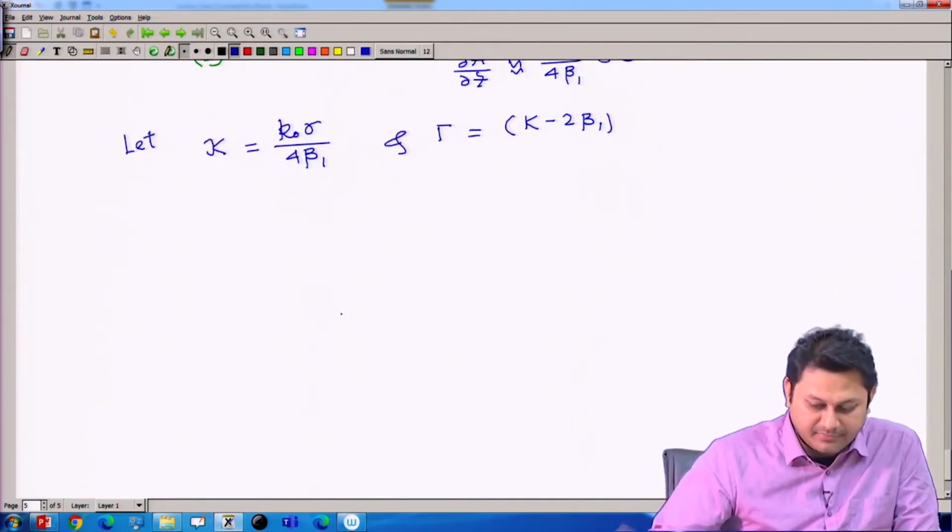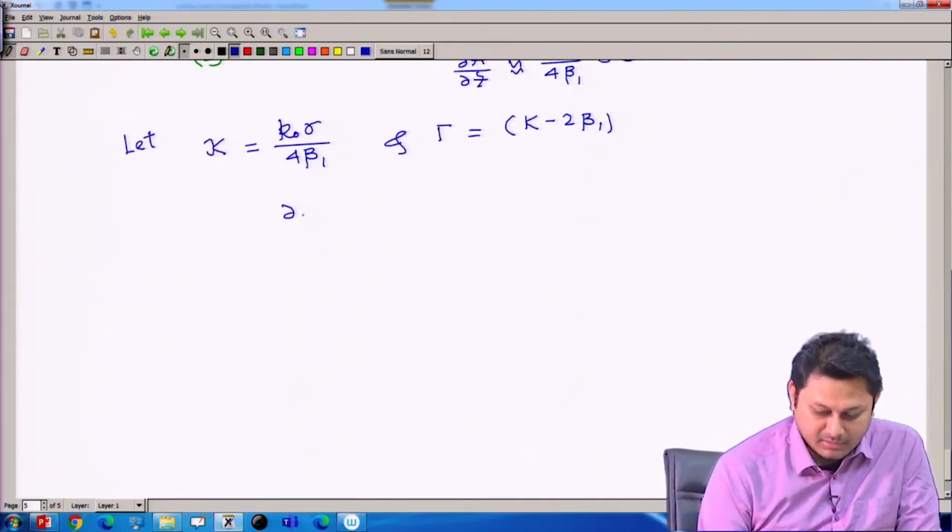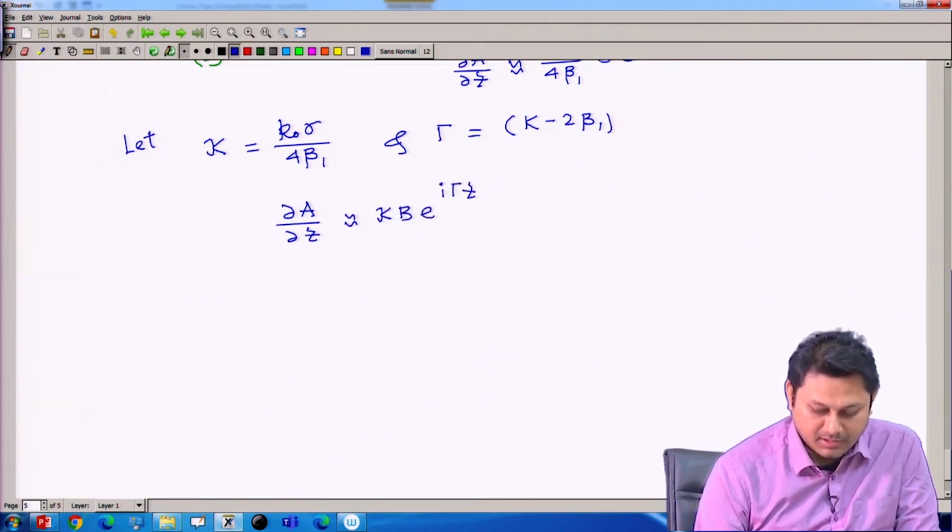Then I can have an expression like dA/dz is nearly equal to kappa B e to the power of I gamma z. So, this is the expression I am looking for.